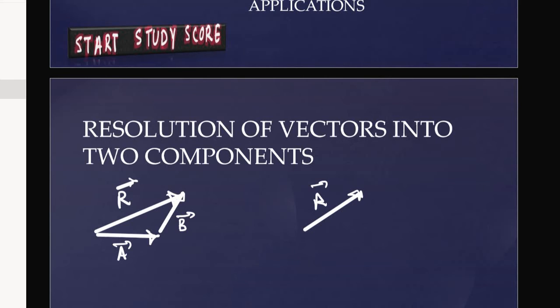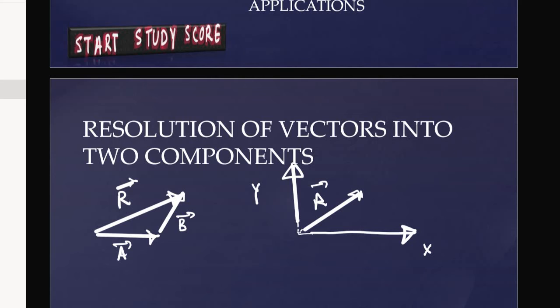So how will I do that? I will take one component along the x-axis, let it be the x-axis, and let it be the y-axis. One component will be along the y-axis and the other along the x-axis. They will be starting from the same point.